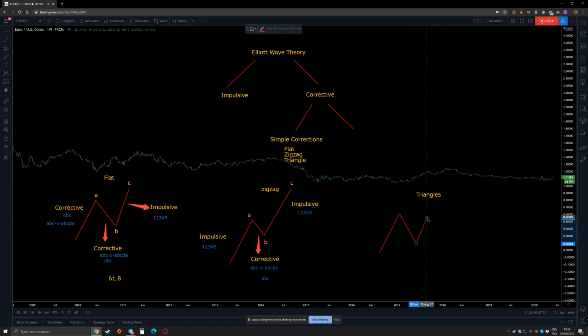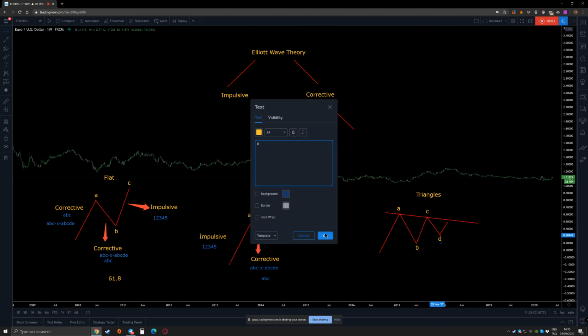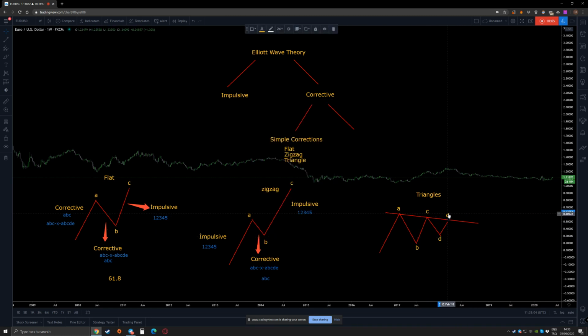If you see one in a B wave of a zigzag, it is called a limiting triangle, which I will explain in later videos, the differences. So look, I will say this is wave A, this is wave B, this is wave C, this is wave D, this is wave E.